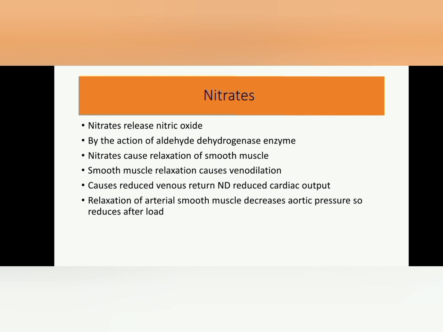So if the resistance is reduced, ultimately it will reduce the oxygen requirement of the heart by decreasing the work output of the left ventricle or heart. An example of nitrates is isosorbide dinitrate.